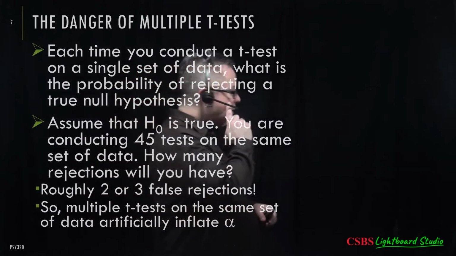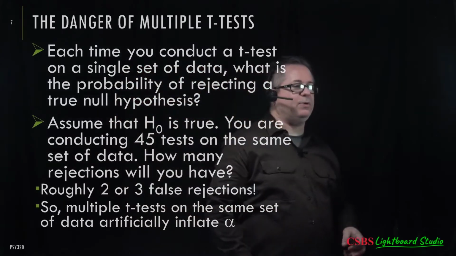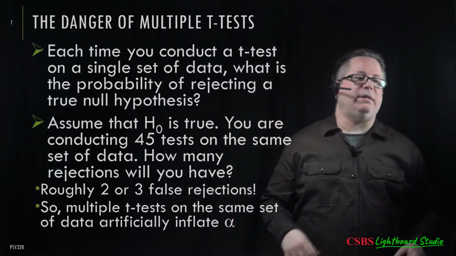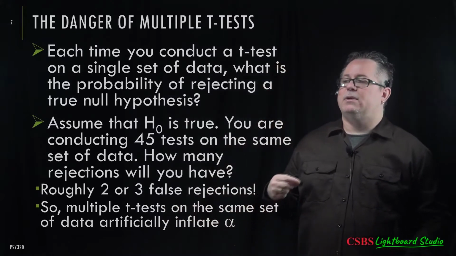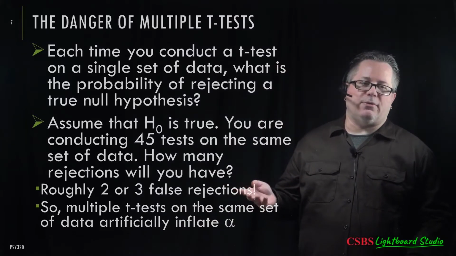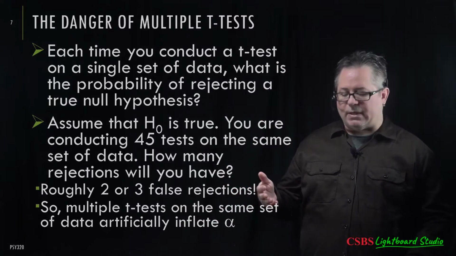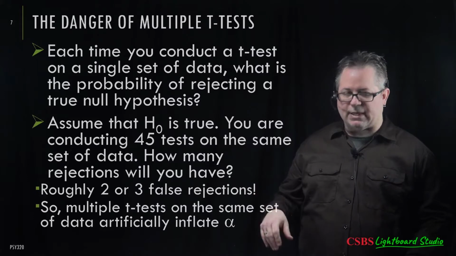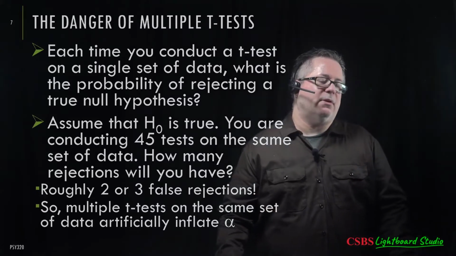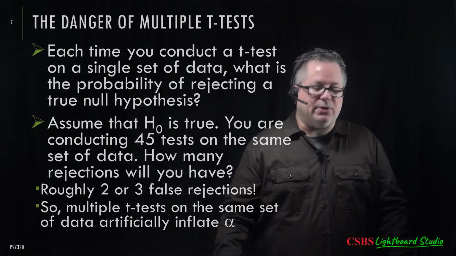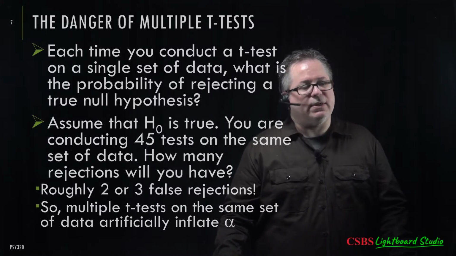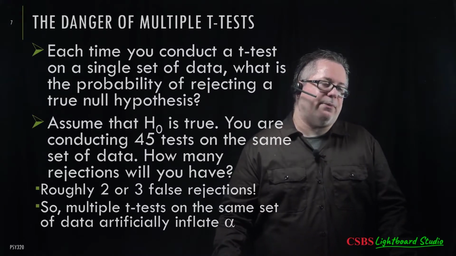And the other problem is, not only is it time consuming, but each time you conduct a t-test on a single set of data, what's the probability of falsely rejecting the null hypothesis? What's our type 1 error? So that's 5%. Each test that we do has a 5% chance of a type 1 error.